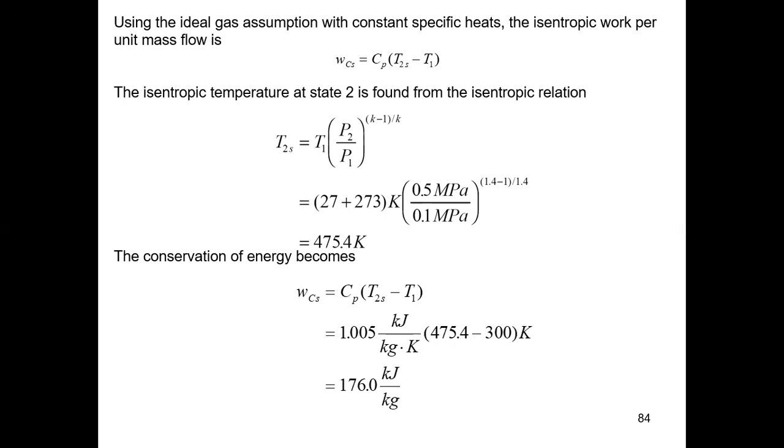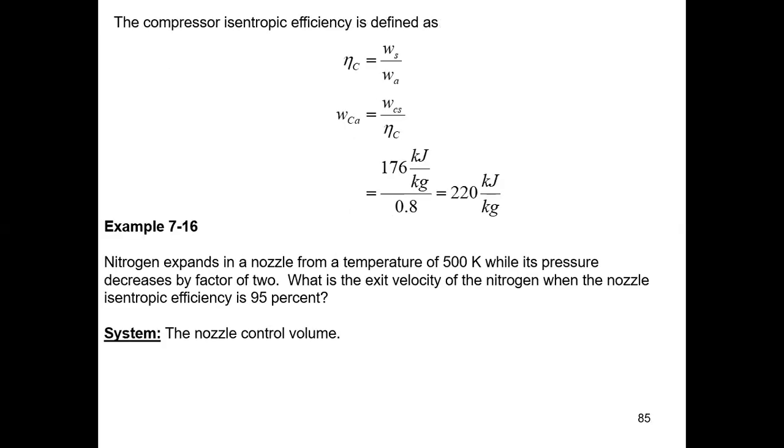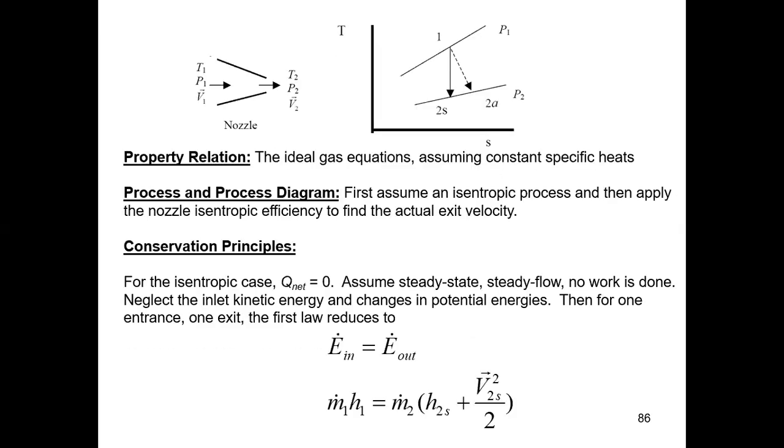WCS for the compressor is 176 kilojoule per kilogram. And we know the efficiency for the compressor is WS by WA, or WCA is equal to WCS divided by eta of the compressor. So WC is 220 kilojoule per kilogram.